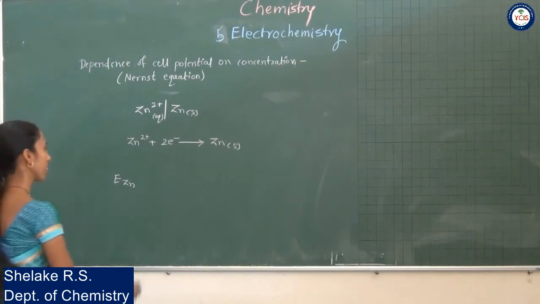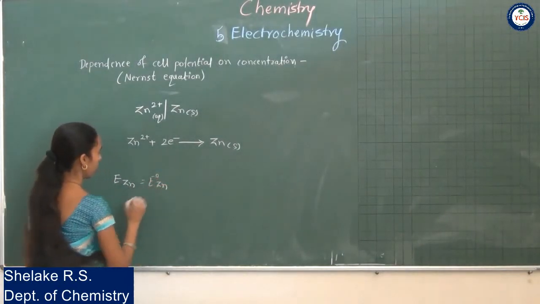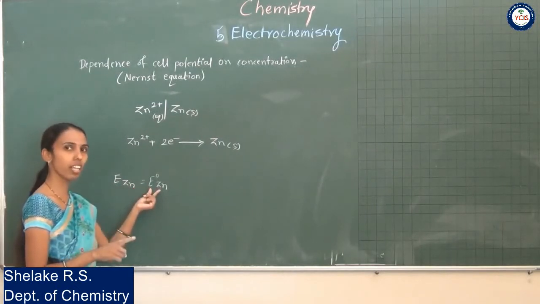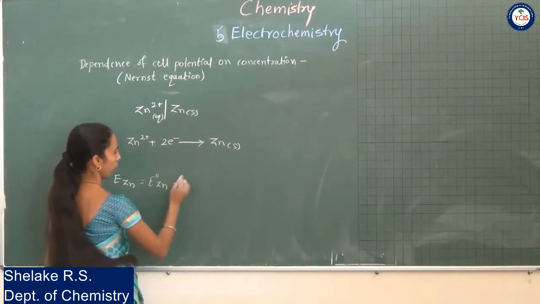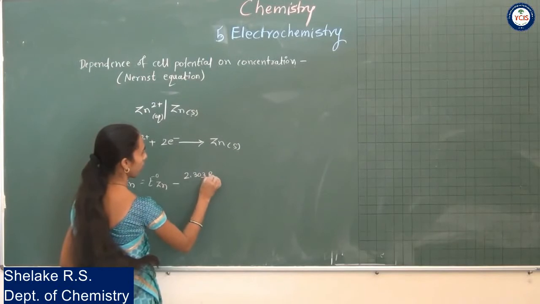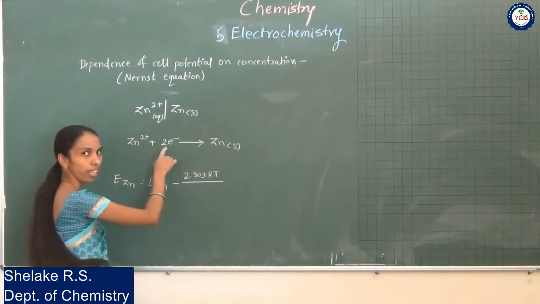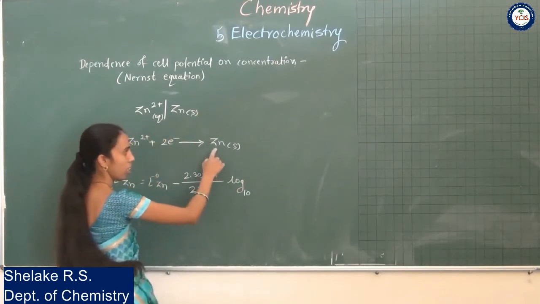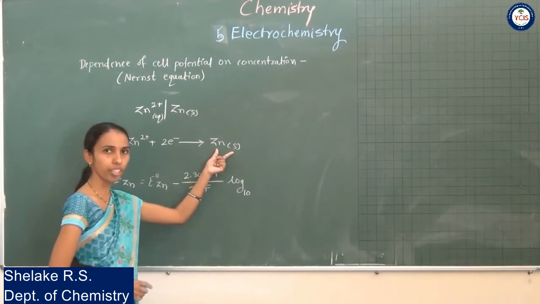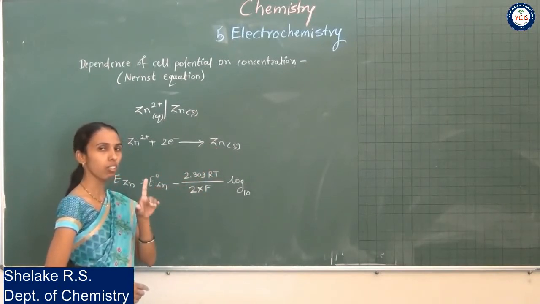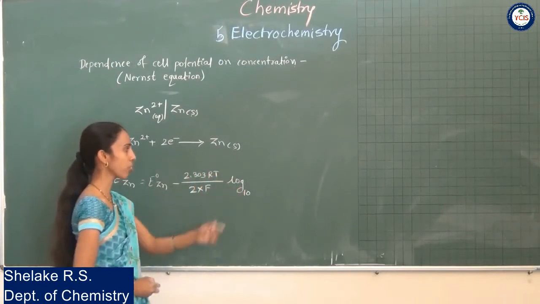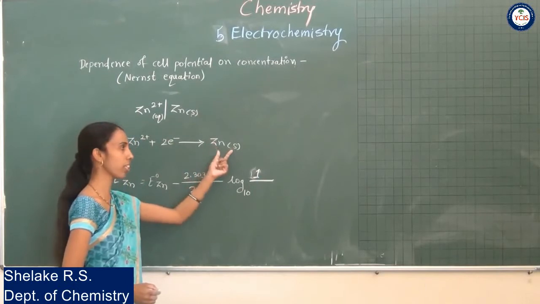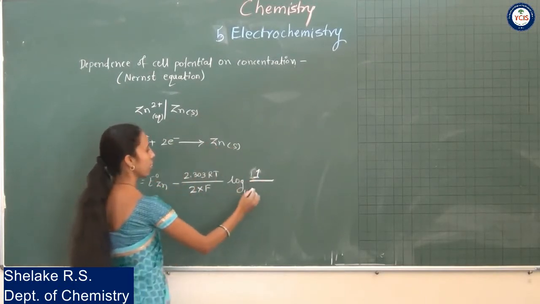E_Zn is equal to E0_Zn minus 2.303 RT upon 2F log to the base 10, where E_Zn is the electrode potential of zinc, E0_Zn is the standard electrode potential of the zinc electrode, and here also the value of n is 2. Now I have told you that the concentration of a pure solid or pure liquid is considered 1 molar, or unity. So the concentration of the product is just 1, because the concentration of Zn in the solid state is 1, divided by the concentration of the reactant, that is Zn2+.